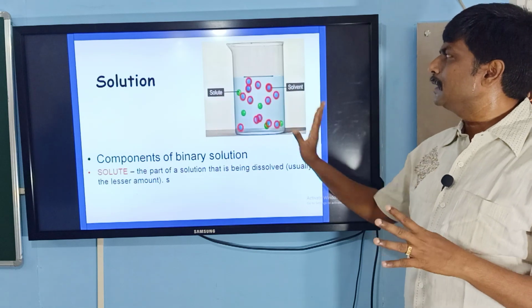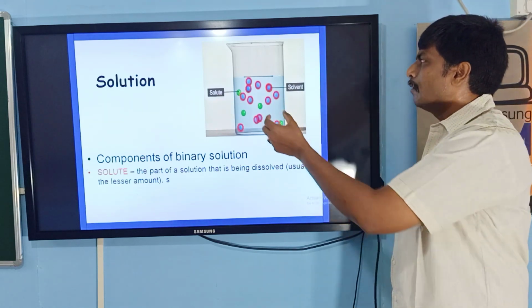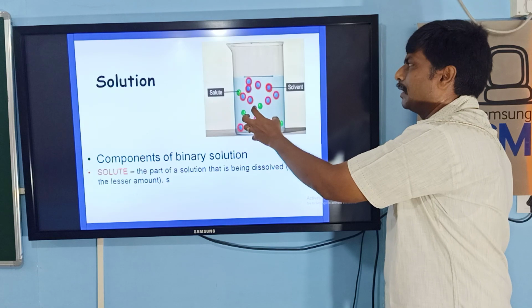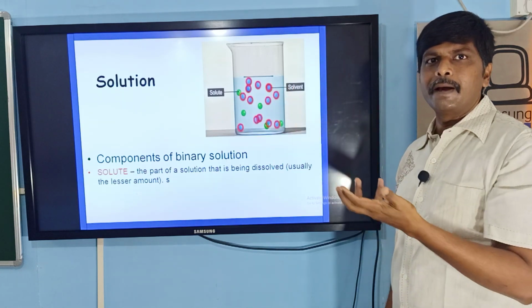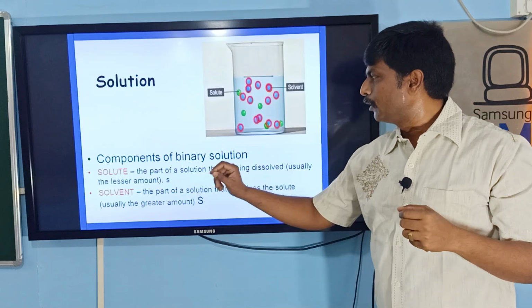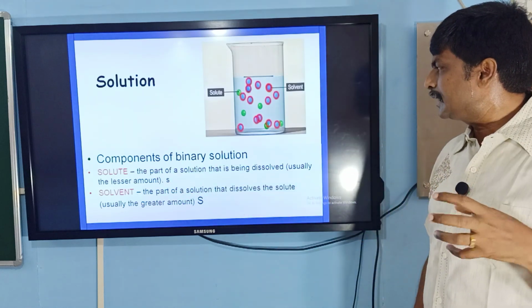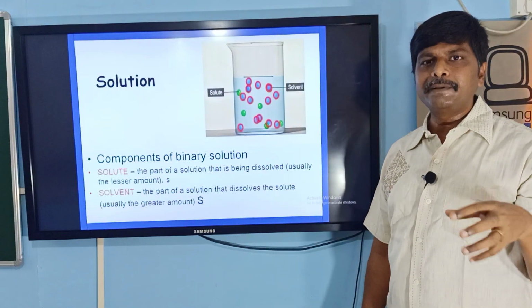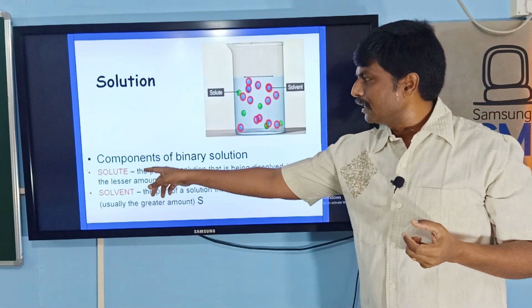What is solute? From this picture it is clear. What is solute? Less number. What is solvent? More number. Solute is usually the lesser amount, the part of a solution that is being dissolved, that means the small component, is called solute.